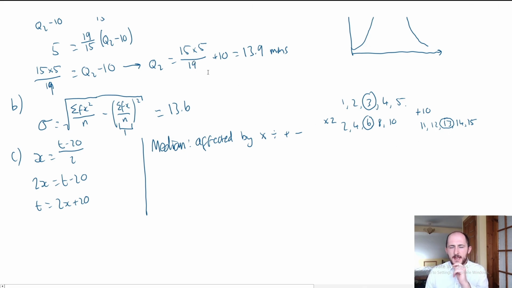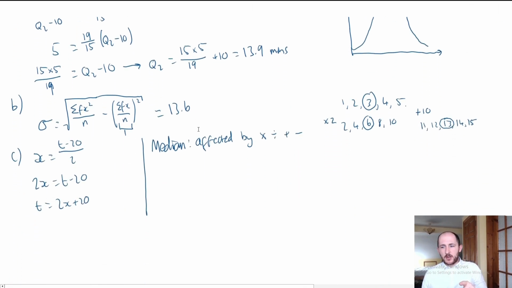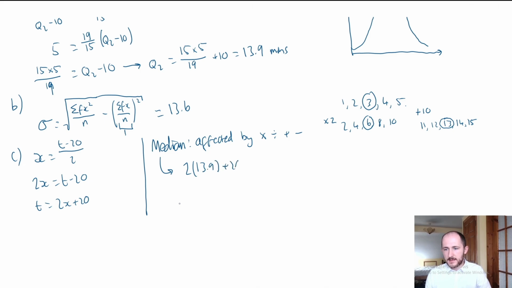So in this case, with my median, since I've subtracted 20 and divided by 2, the actual median is going to be 20 more and double. So the median for this data is indeed 2 times 13.9 plus 20. Just using this exact formula to go from the coded median to the uncoded median.